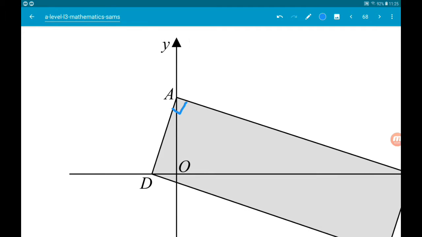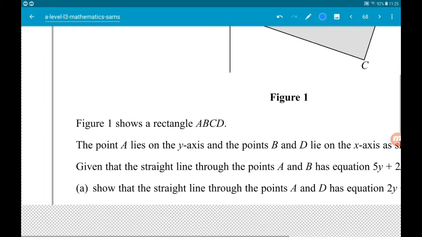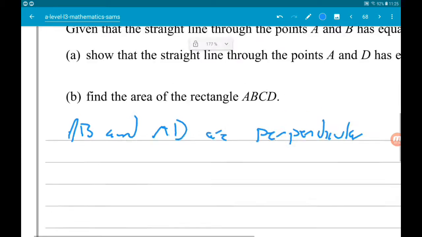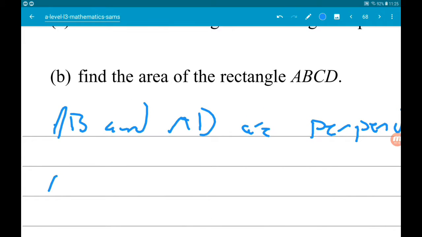Now, we know the line passing through AB is 5y add 2x is equal to 10. Now from that we can get the gradient of AB.